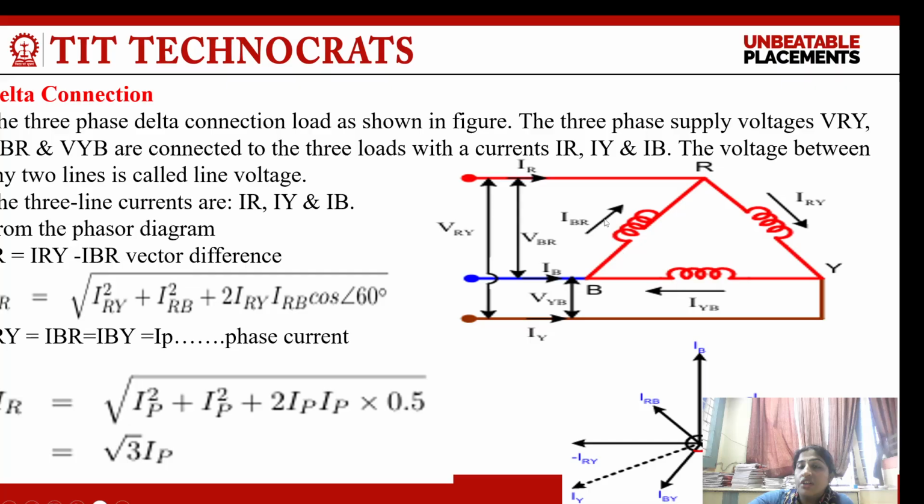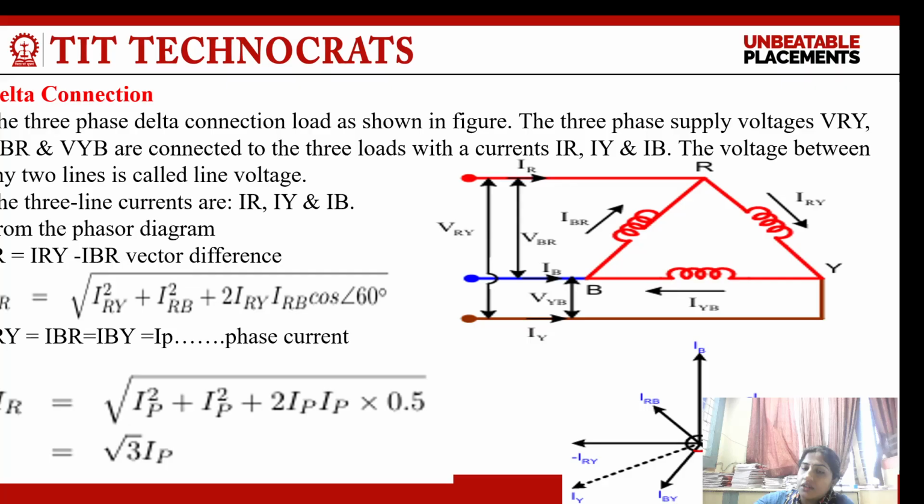We know the currents are also displaced by equal angles. So if we draw the phasor diagram, if this is Ib, it has Iy 120 degrees apart and Ir 120 degrees apart. Now if we draw the negative side of all these waves, we are going to get that the two positive vectors are bisected by an angle of 60 degrees.